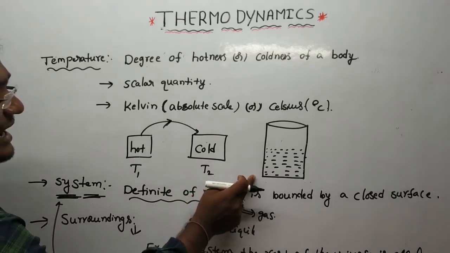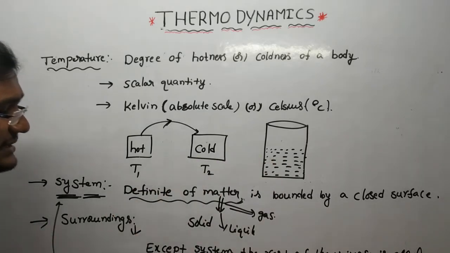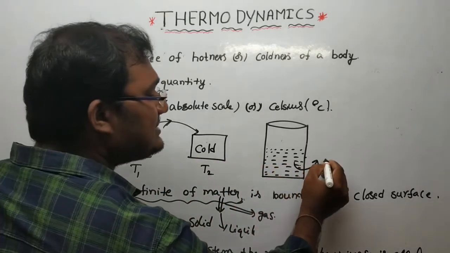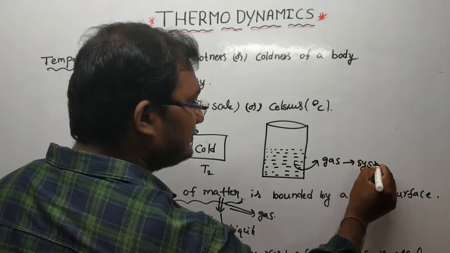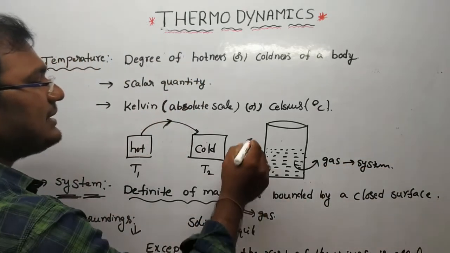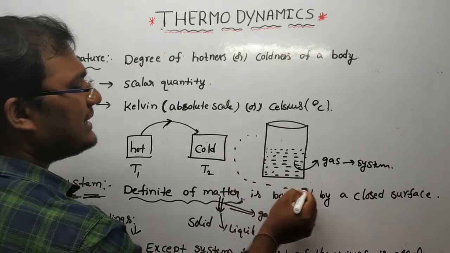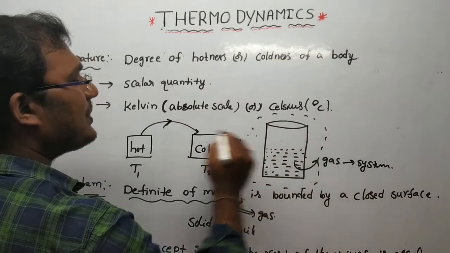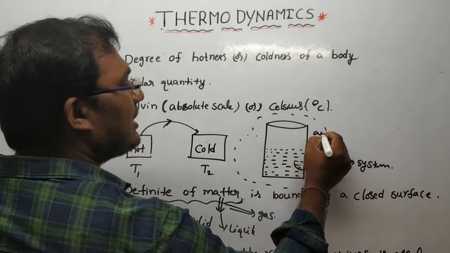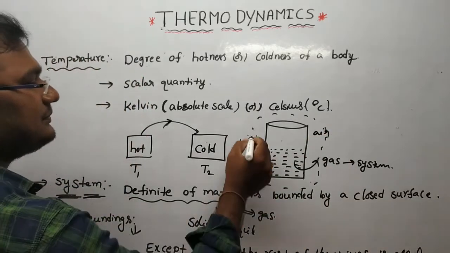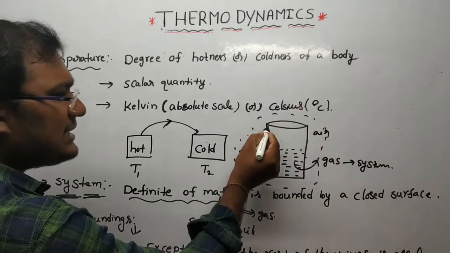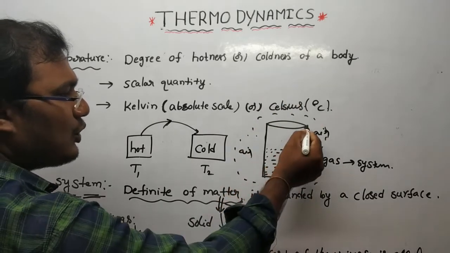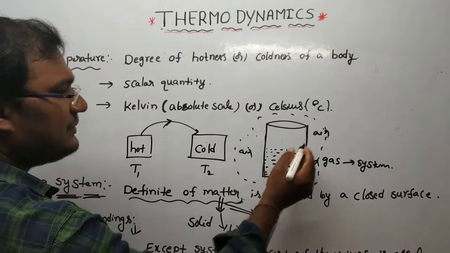In this situation, we have taken the gas. That means the gas is the system, and the remaining thing around the gas is called the surroundings. That may be air. These are called the walls of the container.